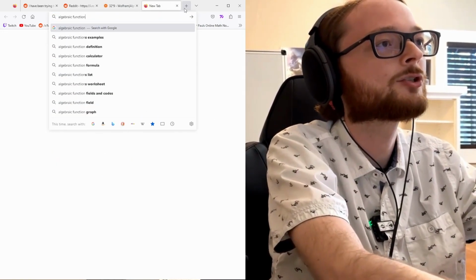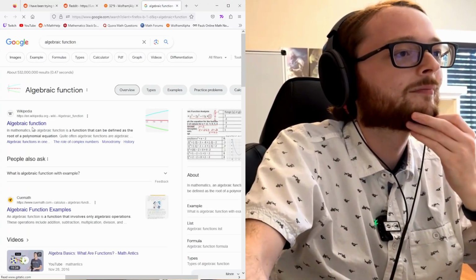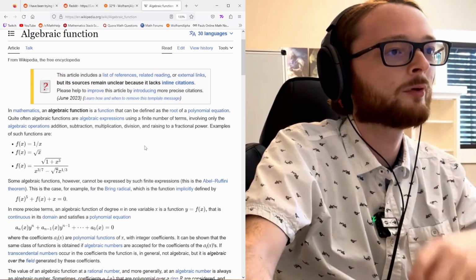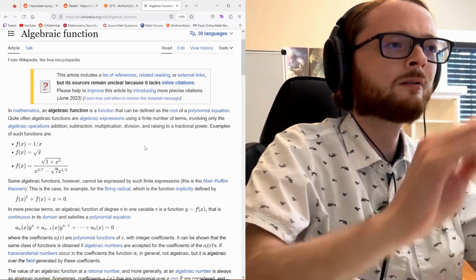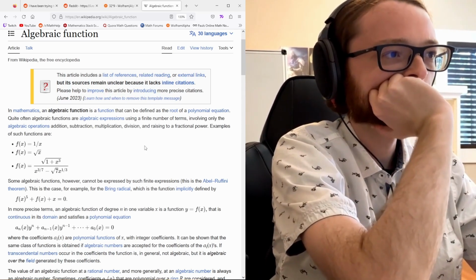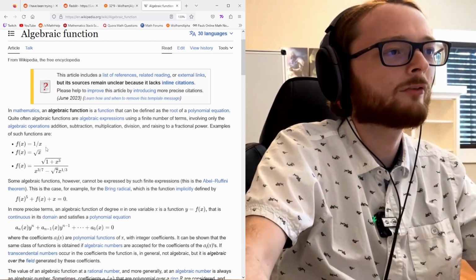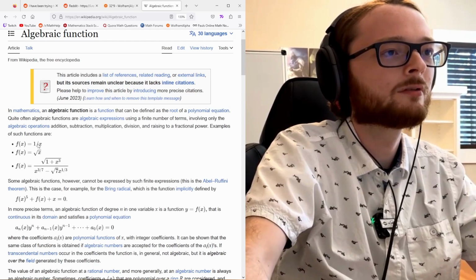Algebraic function. Is the root of a polynomial equation. 1 over x is the root of a polynomial equation?